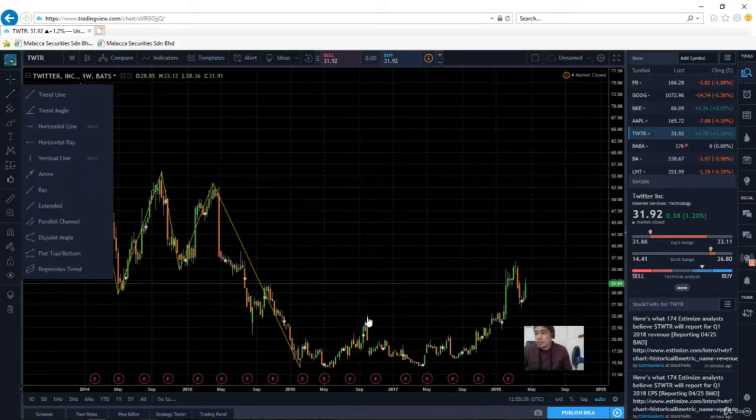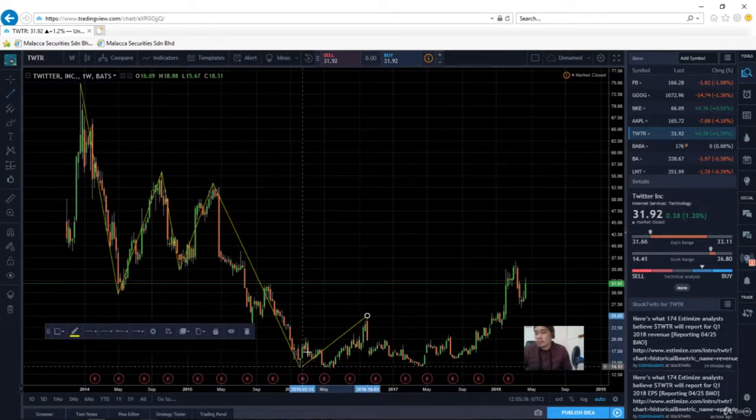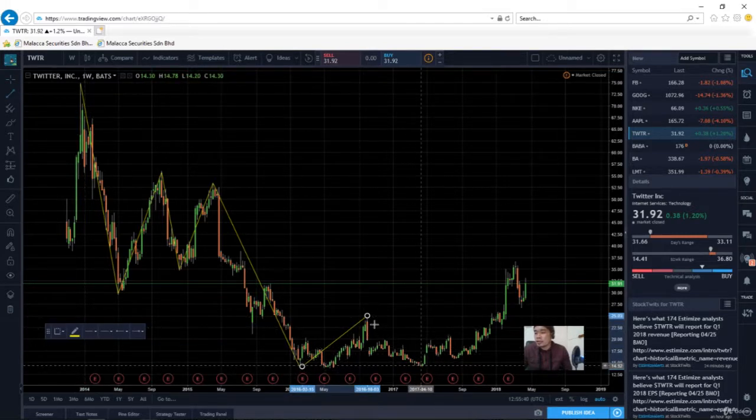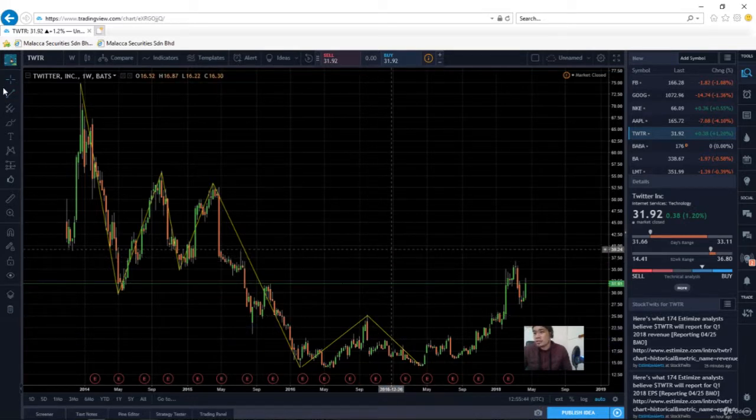Now you will notice a certain pattern here at the reversal. This is a bottom reversal pattern, a pattern that you will learn in the next few sessions.